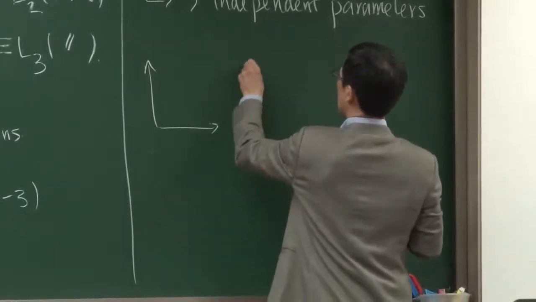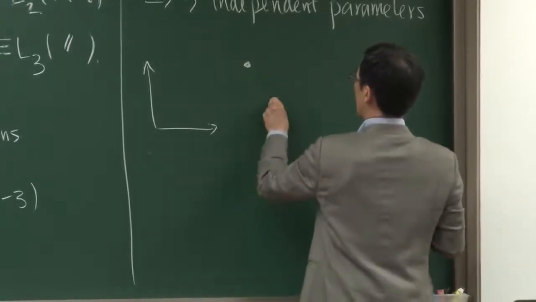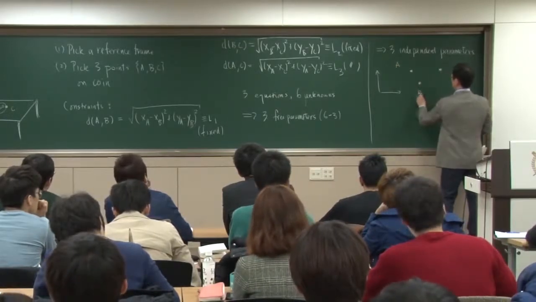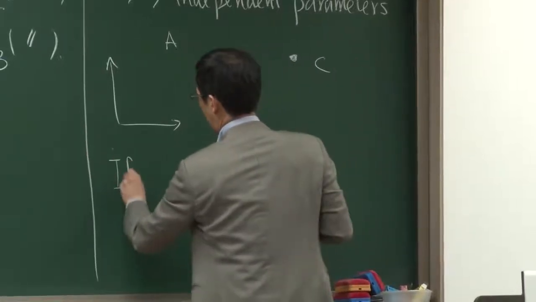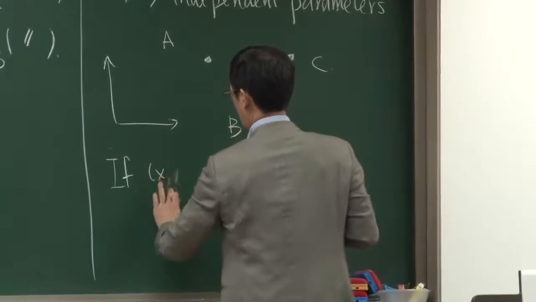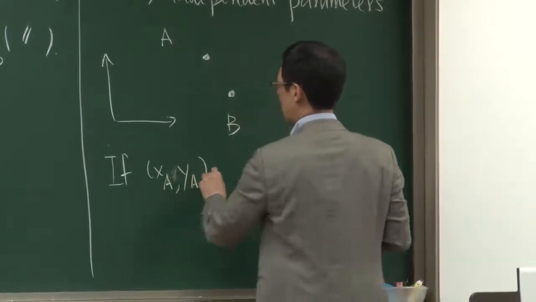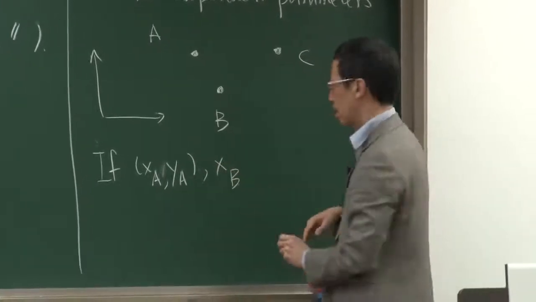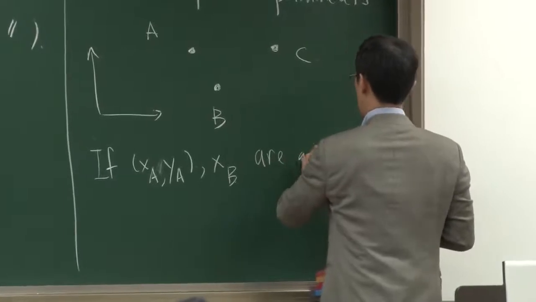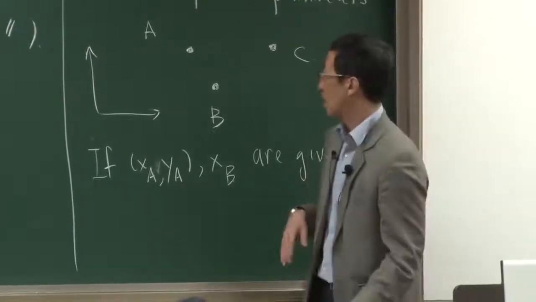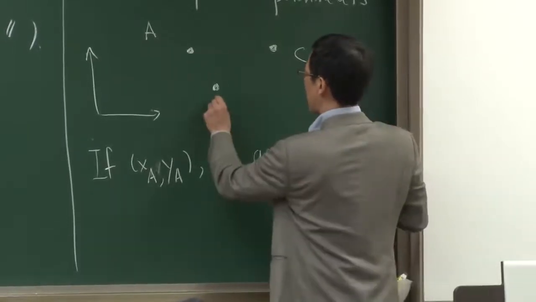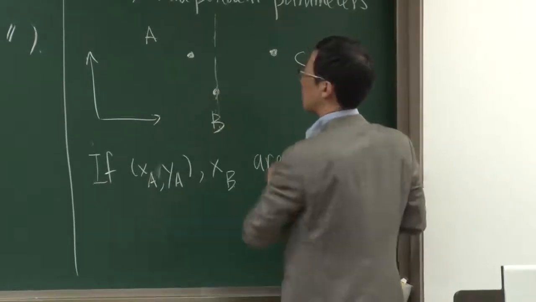Here's point A, here's point B, and here's point C. So here's A, B, C. If xa and ya, and xb are given, that means we know that the point B lies on this line somewhere.